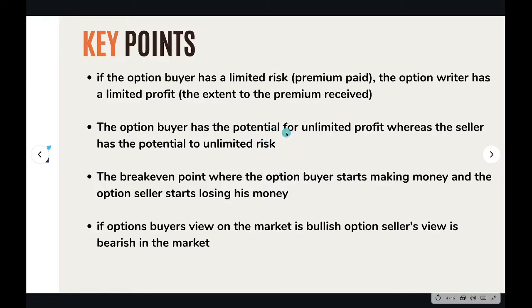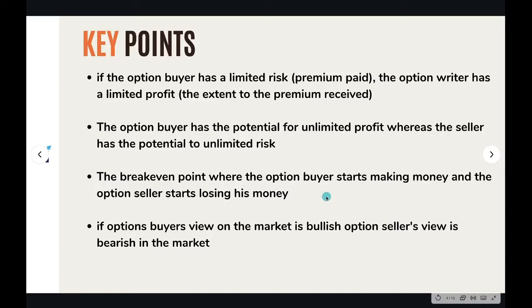Because he has short sold the position from 6 rupees, expecting it to become 0 or any number below 6 rupees is his profit. Now if it is going above, you cannot stop where it can go. It can go to n number depending on how the stock moves and from what strike price it has moved, right? The break-even point where the option buyer starts making money and the option seller starts losing money.